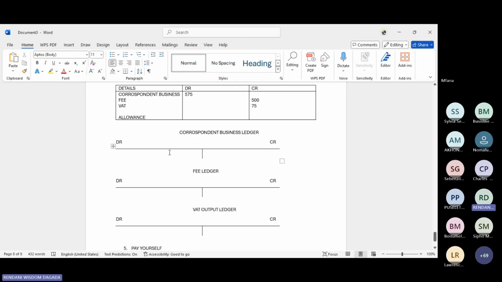Then we do double entry for this one: fee plus VAT 575, fee 500, VAT 75. Just like that, we are done with step number 4. That is how step number 4 is supposed to be done.